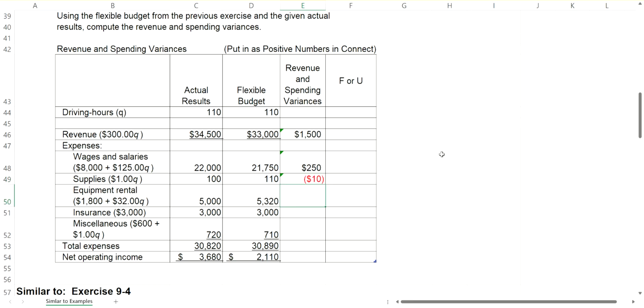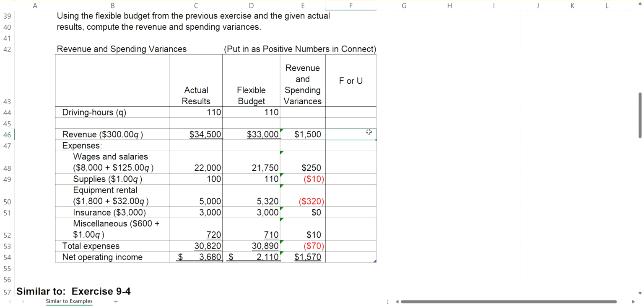We'll talk about that in a moment. 5,000 minus 5,320 actually gives me a negative 320. This would be a zero variance. 720 minus 710 is a positive 10. That's a negative 70 and a positive 1,570. Now I went ahead and noted them as positive or negative to help me out with favorable or unfavorable.